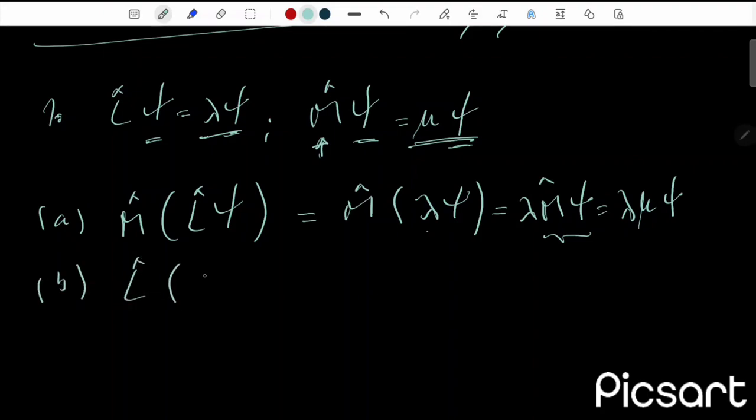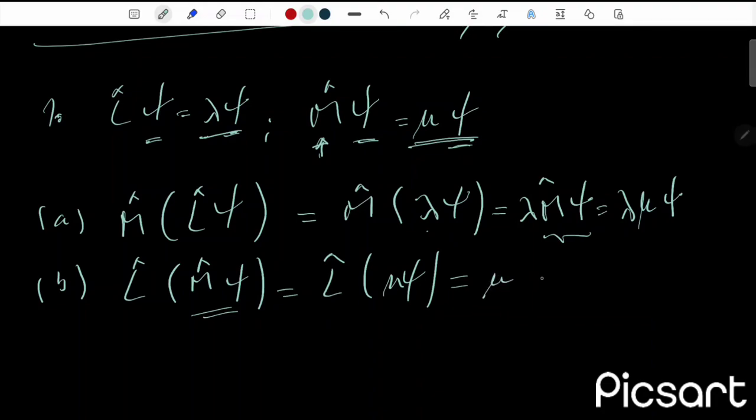And we have B here. We have also L acting on M acting on psi, and as the result we have mu times L acting on psi, since L is a linear operator, which gives us the possibility to take out the mu. Here we have mu times lambda times psi.